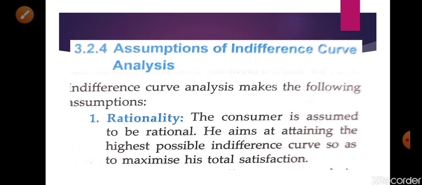That's why different indifference curves never meet or intersect each other. We'll discuss this afterwards. So the consumer should be rational and should maximize his total satisfaction after every set of bundles.